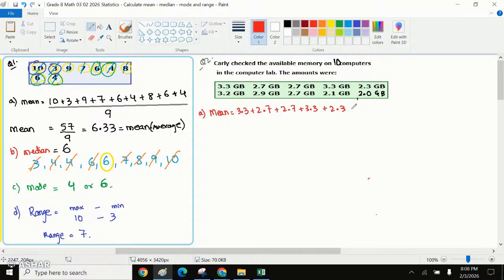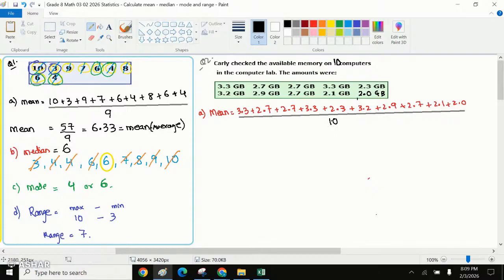We are just looking at the concepts of mean, median, mode, and range. 3.2 plus 2.9 plus 2.7 plus 2.1 and 2.0. The total values were 10 because there were 10 computers, right?